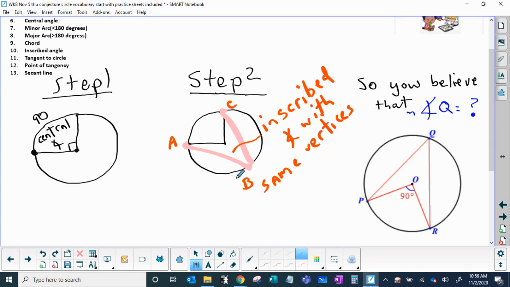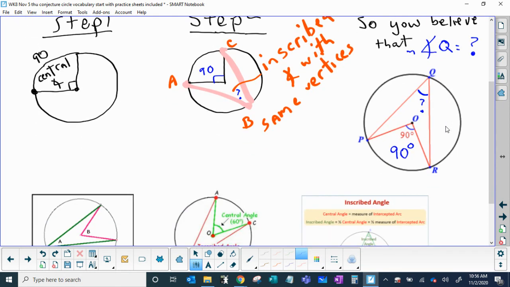What's the relationship to that angle? You believe that the measure of angle Q right here, if this is 90, what does angle Q have to be?